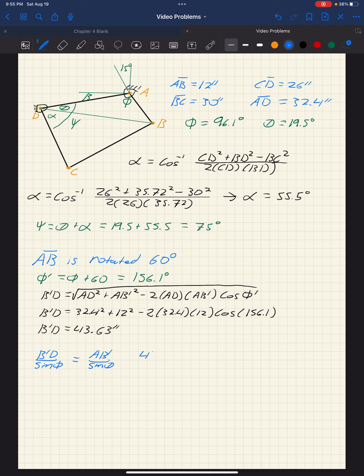So 43.63 over the sine of phi is equal to 12 over sine theta.